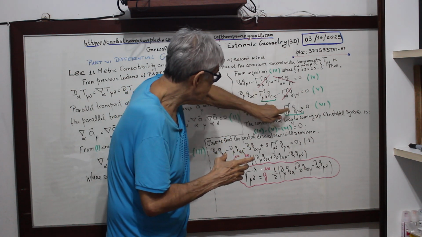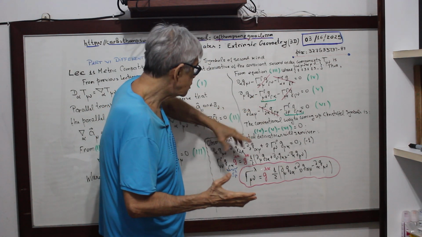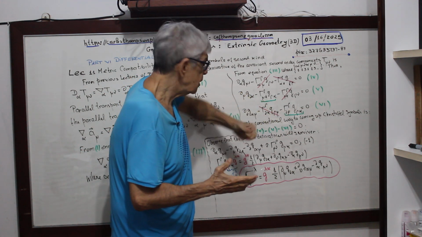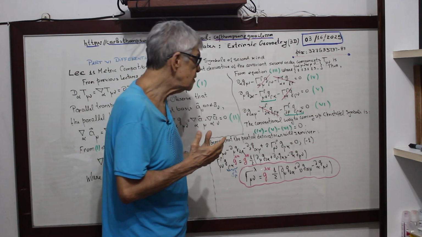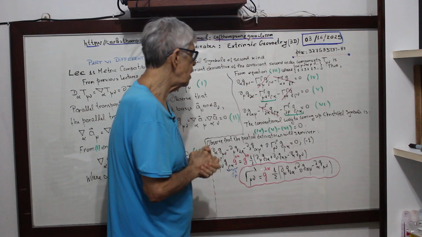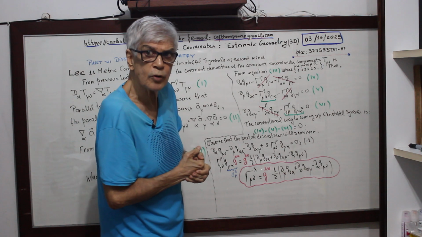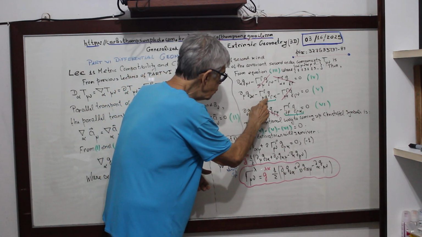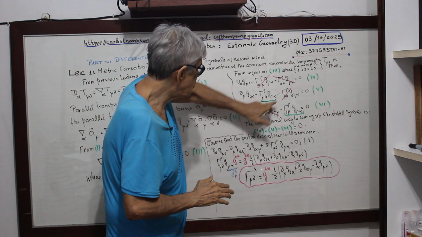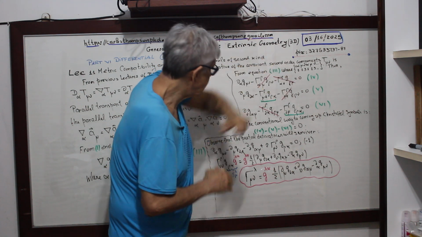Also, these are equal terms, because μν and νμ are equal, since the Christoffel symbols are symmetric under μν, νμ. Now you can cancel this one and cancel that one.